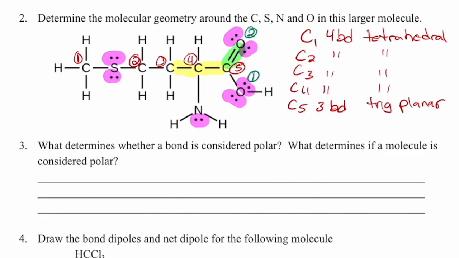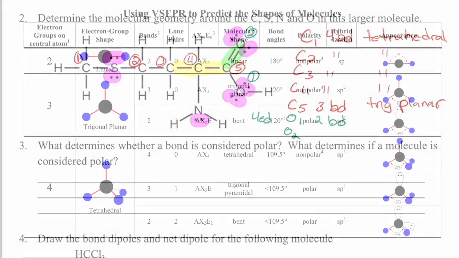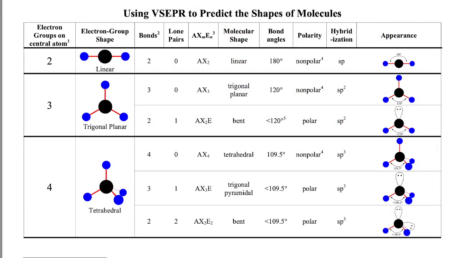Now, we have 2 oxygens we need to look at, oxygen 1 and oxygen 2. Oxygen 1 has 4 electron domains, but only 2 bonding domains. Whenever we have 4 and 2, we can look at our chart and recognize that it gives us bent.